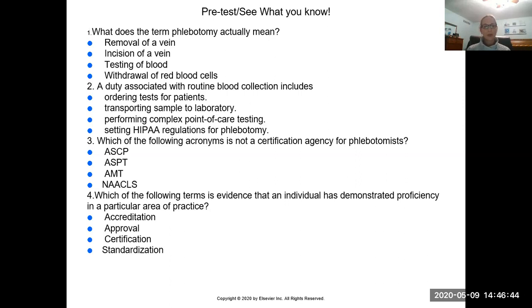Which of the following acronyms is not a certification agency for phlebotomists? Do you know? The NAACLS. Which of the following terms is evidence that an individual has demonstrated proficiency in a particular area of practice? That would be a certification.